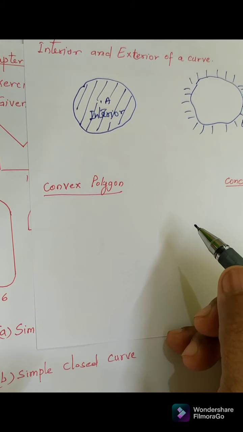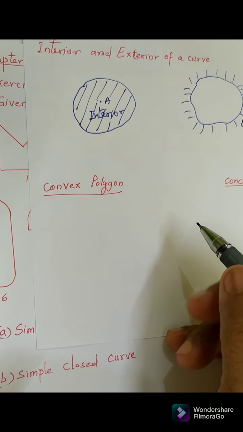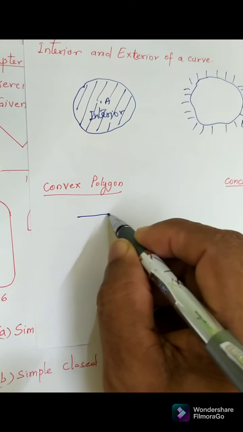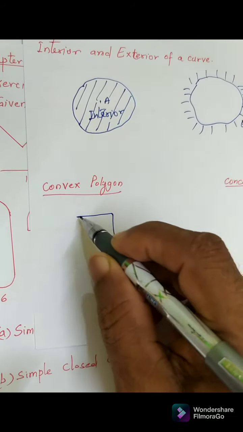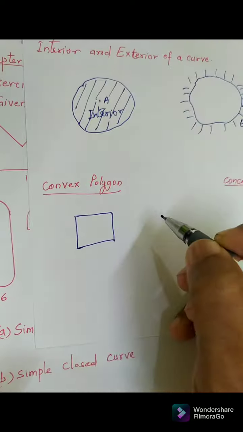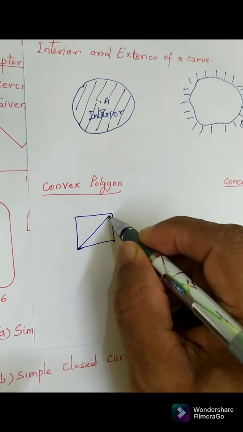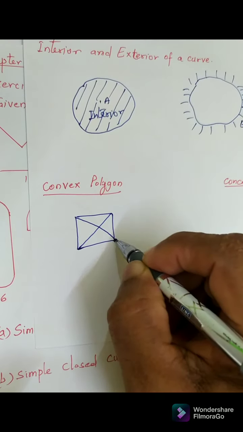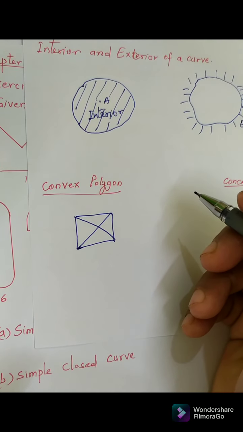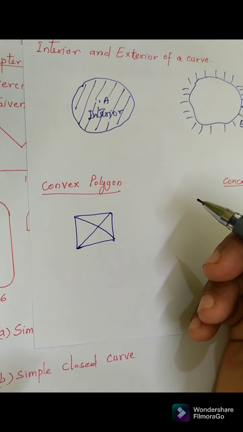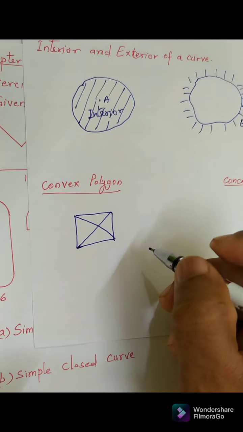Now what is the meaning of convex polygon? A convex polygon is a figure whose diagonals are in the interior, like this. Convex polygon, the diagonals are in the interior.